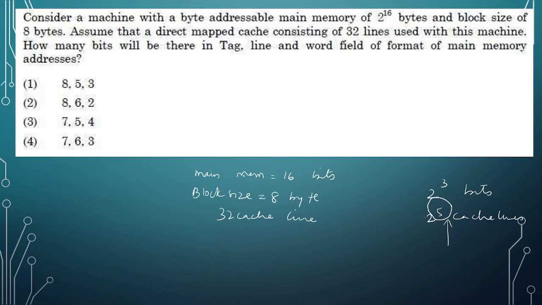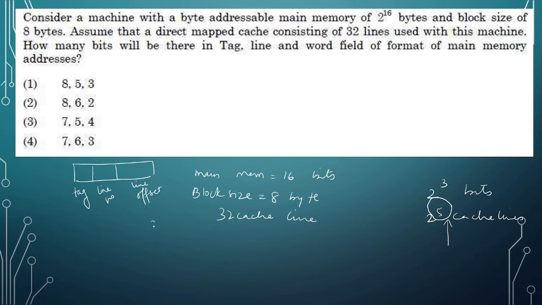Now we are told to find 3 fields. We have the tag field, the line number, and the line offset. So जो block size है, that is 2 raised to 3, so 3 bits is the line or the block offset.